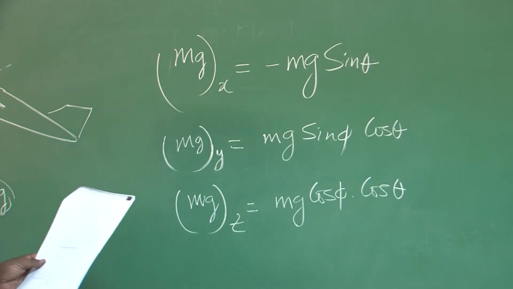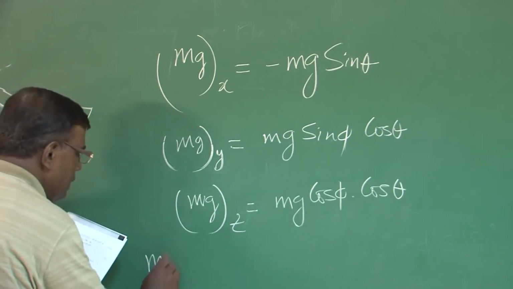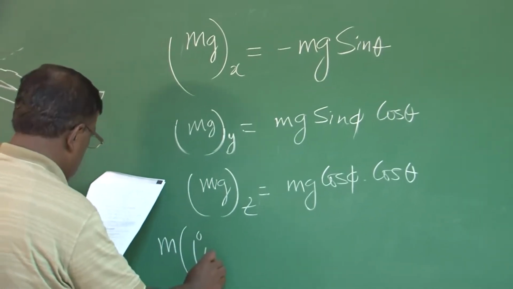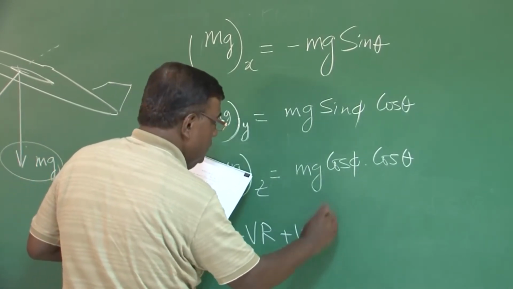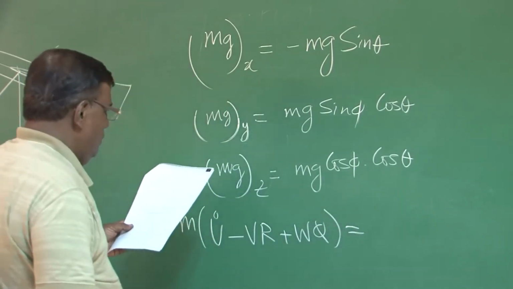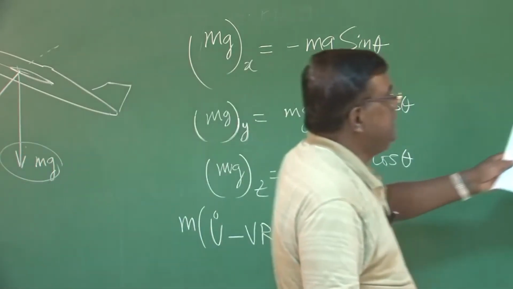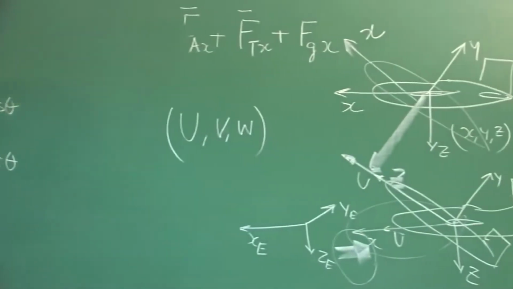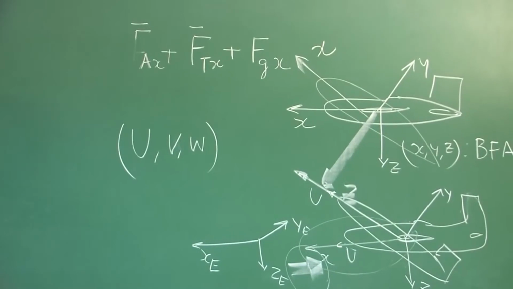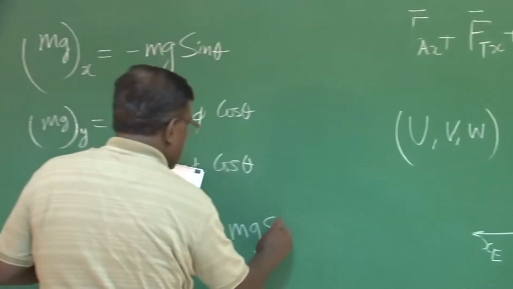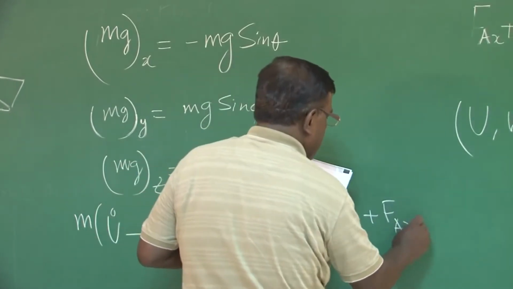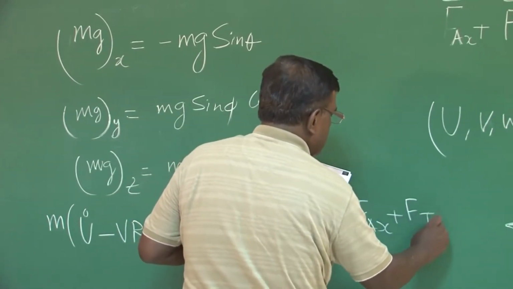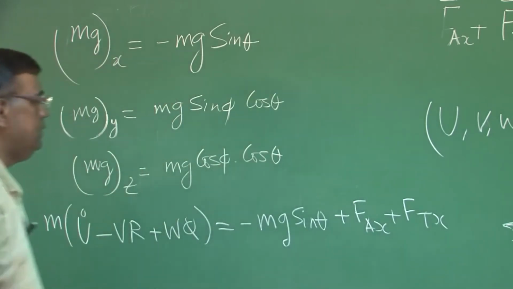So when I write this equation, m u dot minus Vr plus Wq equal to Fgx. For this Fgx I will write minus mg sine theta, then the remaining aerodynamic force Fax plus the thrust or propulsive force Fx.